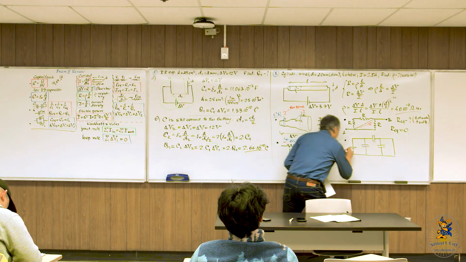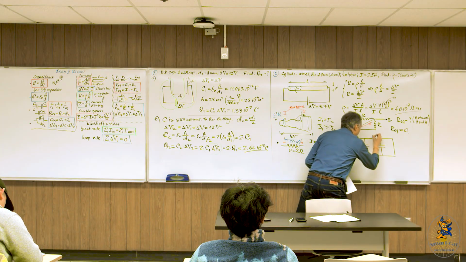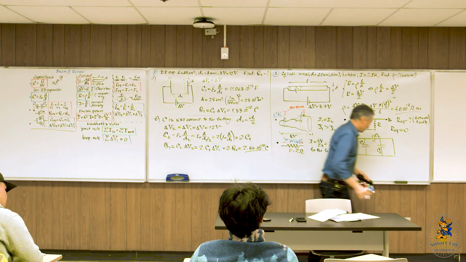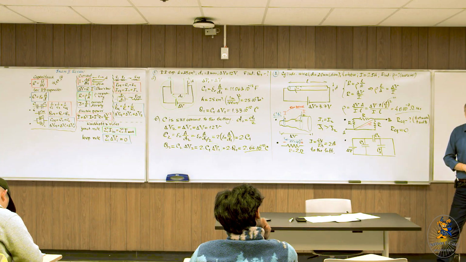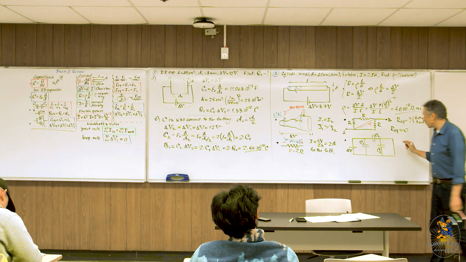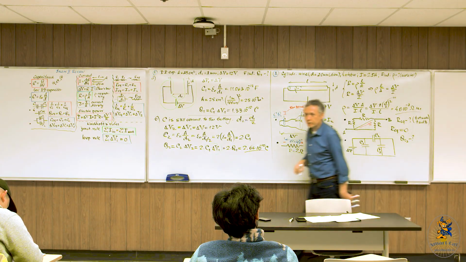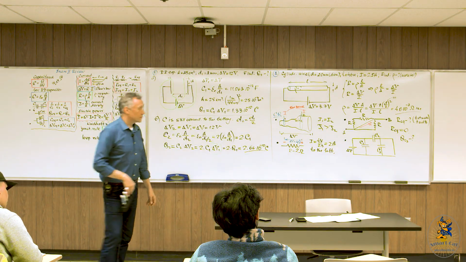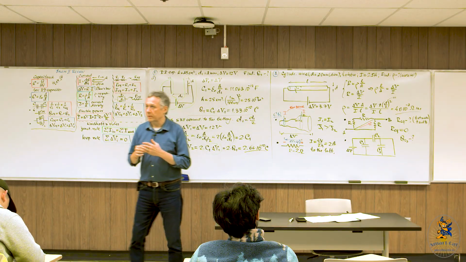Whatever, delta V or EMF, and let me label this C1, this C2, and this C3. And I actually want to discuss what you can say about, for example, the charge in capacitor C3, or maybe the potential difference across capacitor C3.